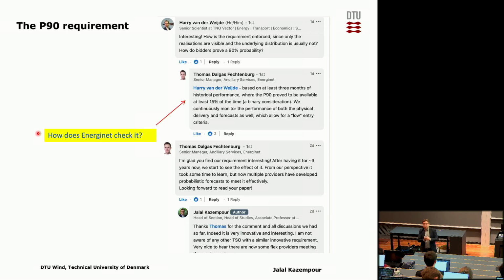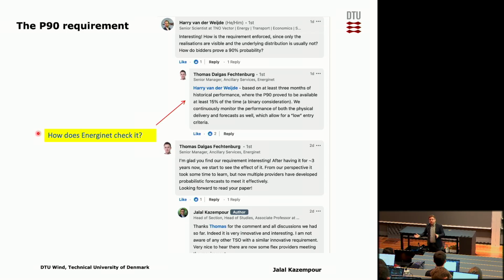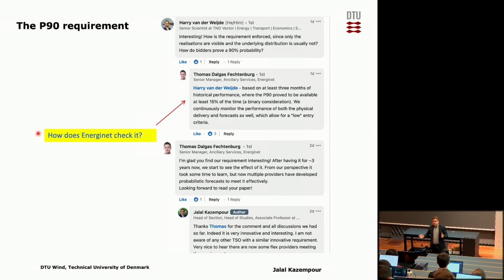It's done every 3 months, for example. I don't know if Energinet keeps this 3 months or not. And whenever they realize that your violation is more than 15% or 10%, then you will lose your pre-qualification. It's like losing your driving license. You should go and test again, apply for pre-qualification again. Is it clear?